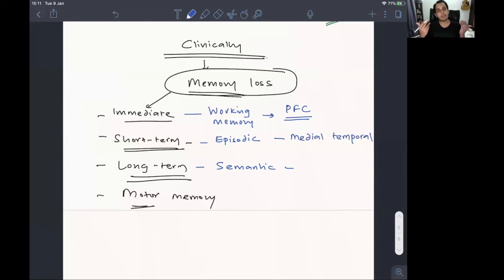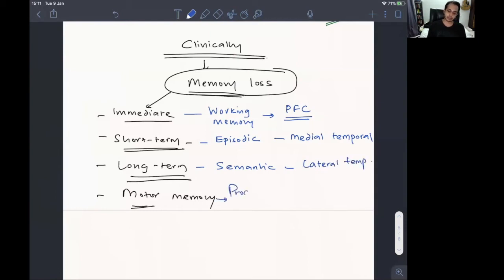And long-term memory is your semantic memory. Semantic meaning there are associated emotions, associated meanings to those events. So the reason that you remember long-term memory is because you have attached certain significance to them. So long-term memory is stored in your lateral temporal lobe.